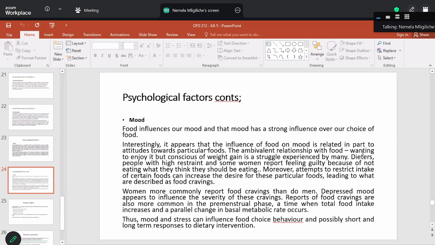Some people restrict eating certain types of food for a particular meal because of their mood. For example, pregnant women: their mood can cause them food cravings for certain types of food, which can be of food origin or non-food origin. Different situations can cause different moods, which influence food choices.